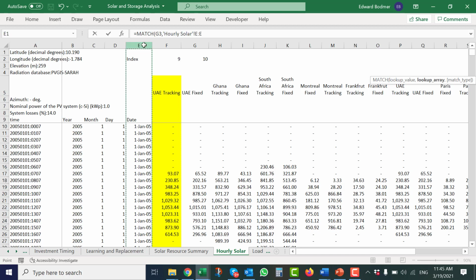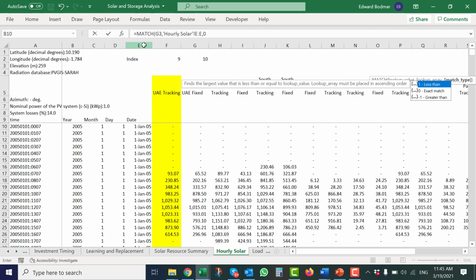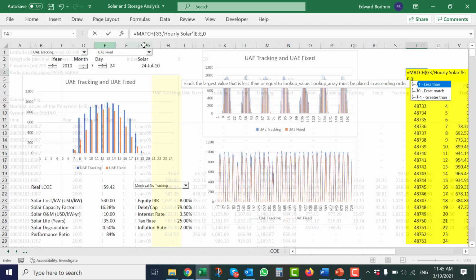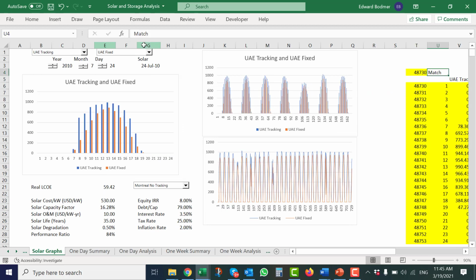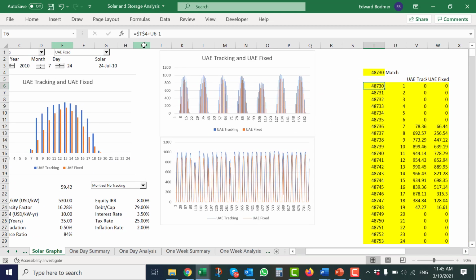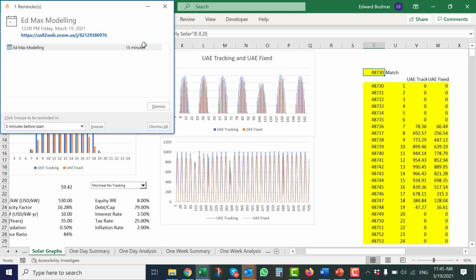You don't bother with locking it and everything else. You try to find the laziest way to do things. That's a real principle. And then you take that number, and that's the row number.